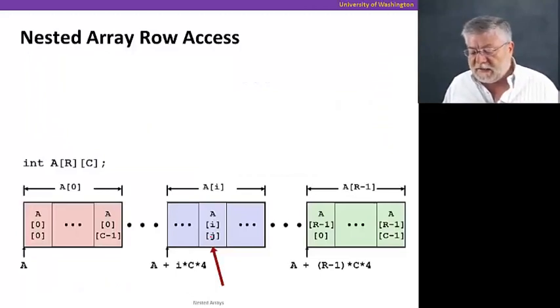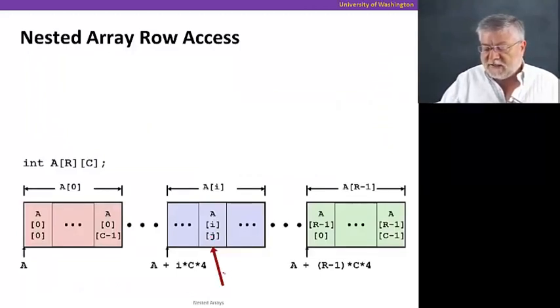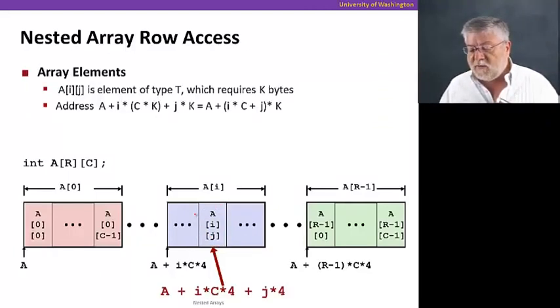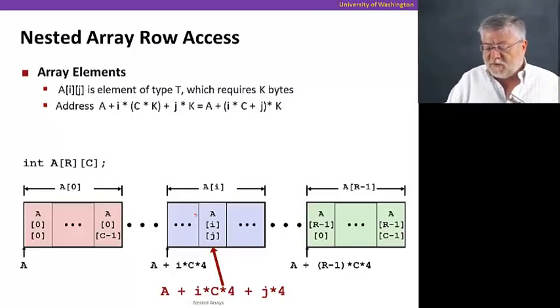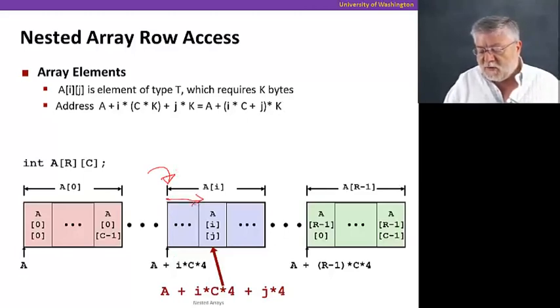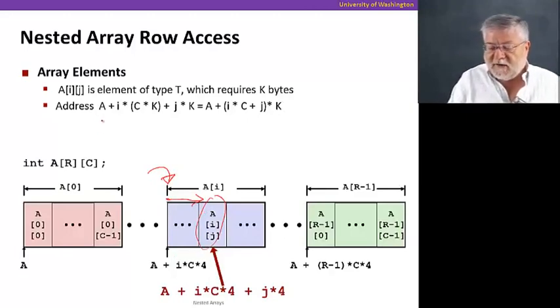All right, let's go another step further and look at how we would compute the address of a particular element, let's say element a i j, for the most general case. How would we compute that? Well, to compute that address, we would first have to get to the beginning of the row, and then do an offset within the row to get to the address of that element. So our address is the starting address of the array.